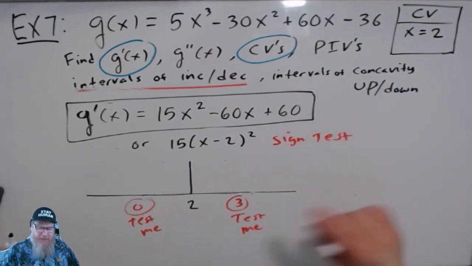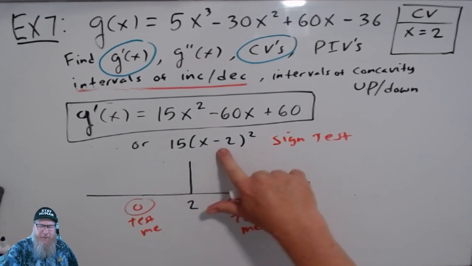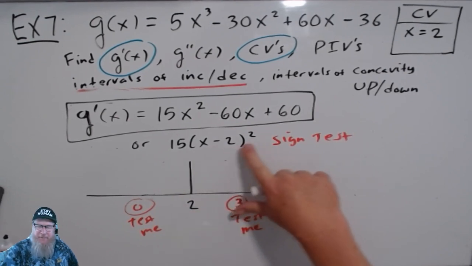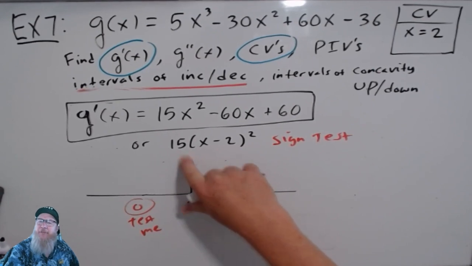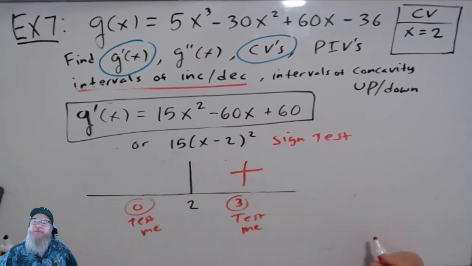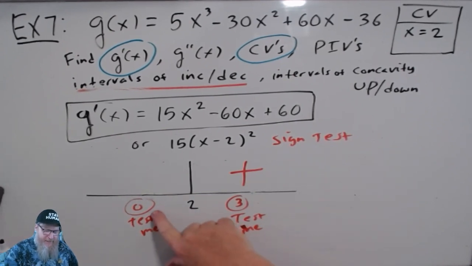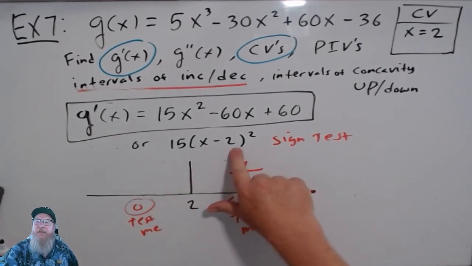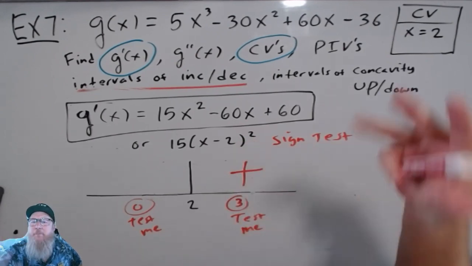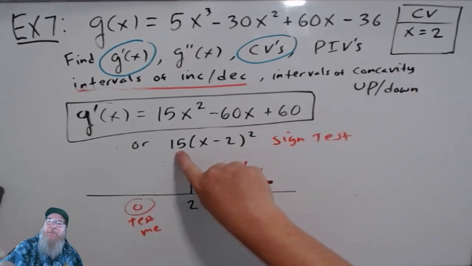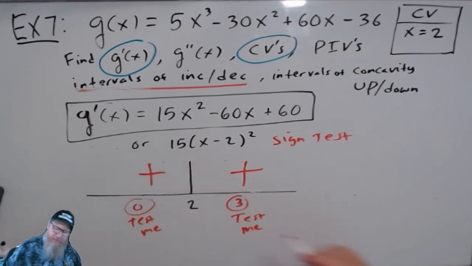All right, so we're going to plug in 3. 3 minus 2, that's positive. When you square it, it's positive. You multiply it by 15, it's still positive. Now 0. 0 minus 2, that's negative. Then you square it, positive. Then you multiply it by 15, positive.